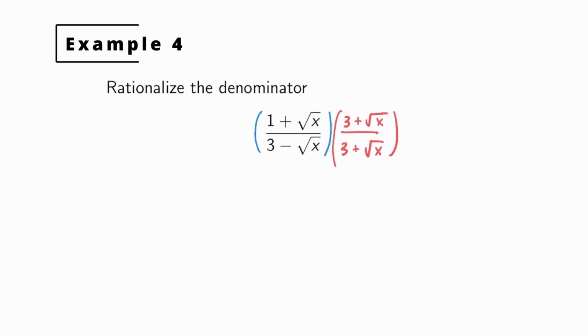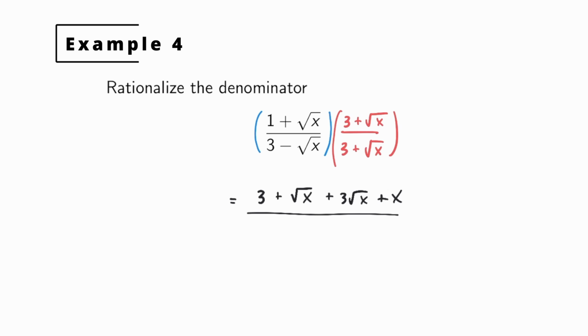For the numerator, we first have 1 times 3, and then plus 1 times root x. So that will give us 3 plus root x. And then we multiply the second term by both of these. So we'll have root x times 3, and then finally, root x times root x, which will give us x.